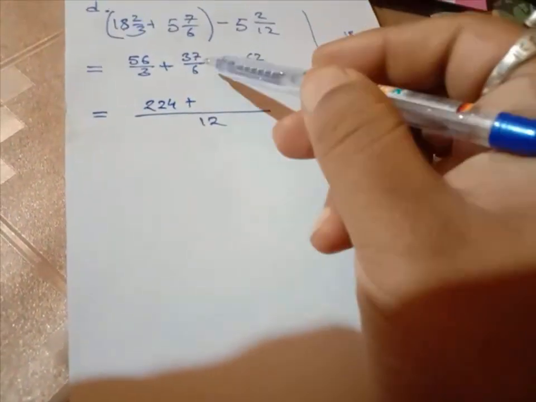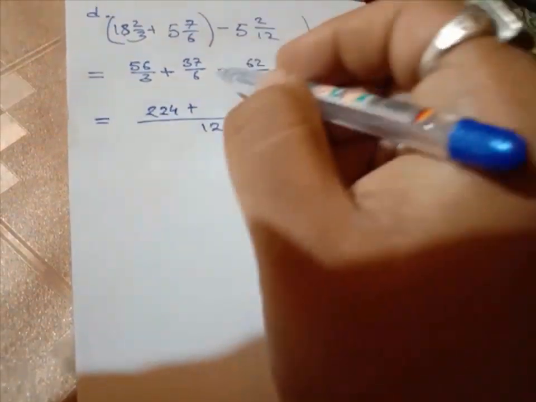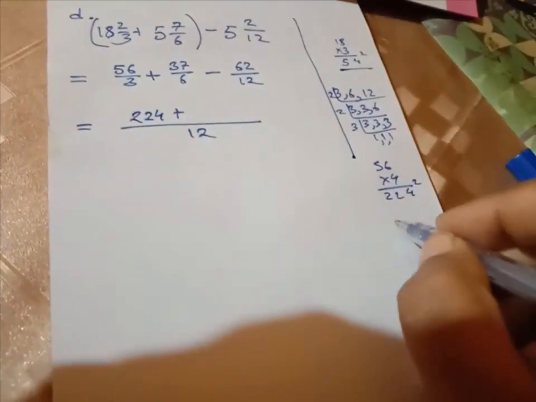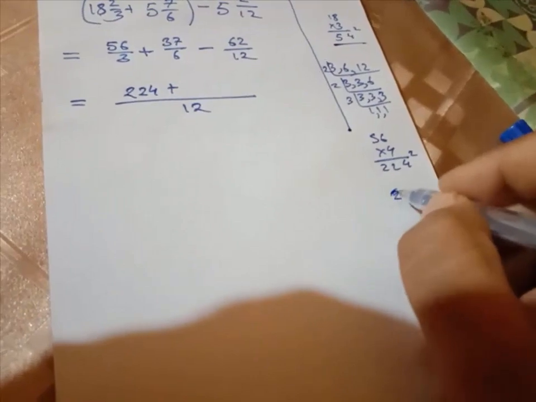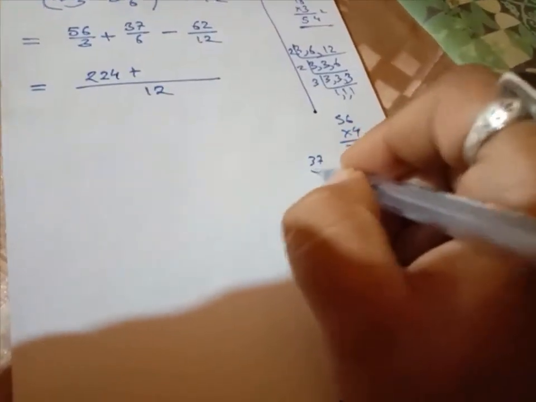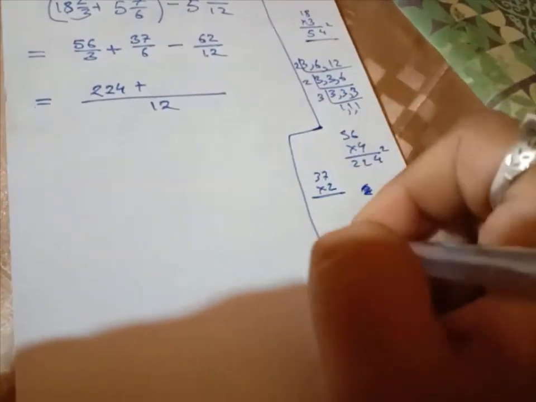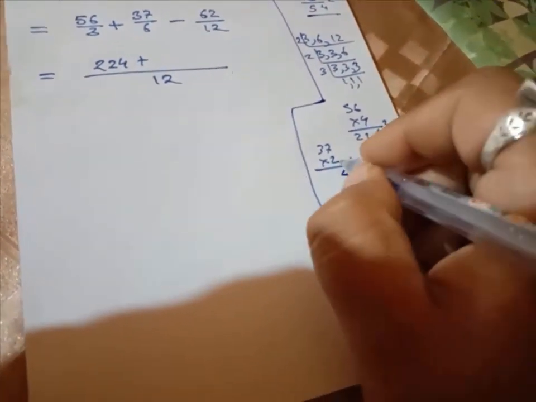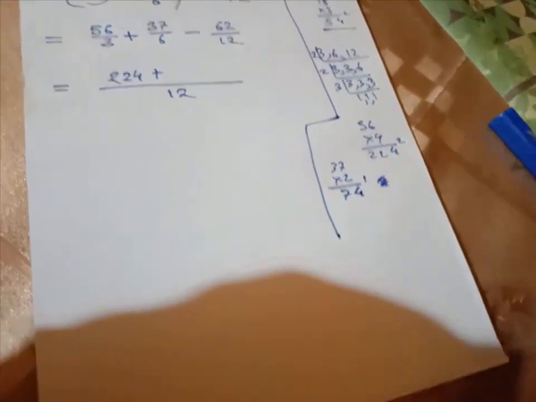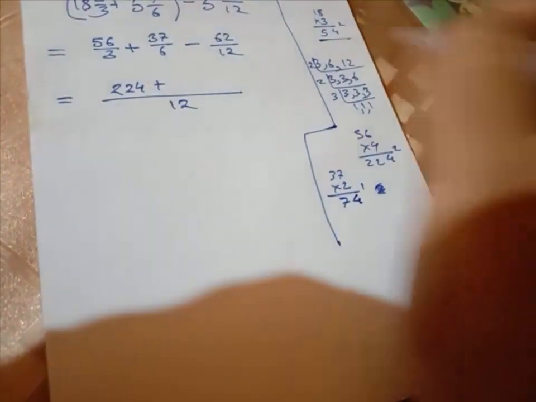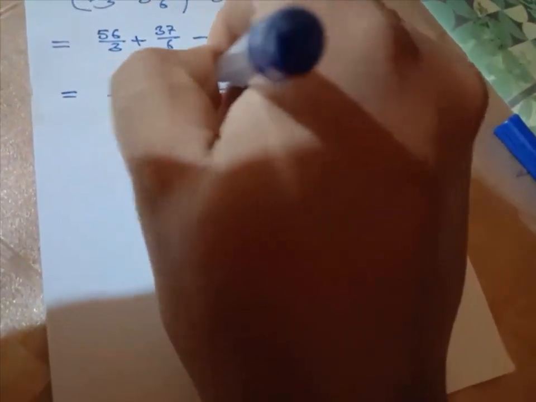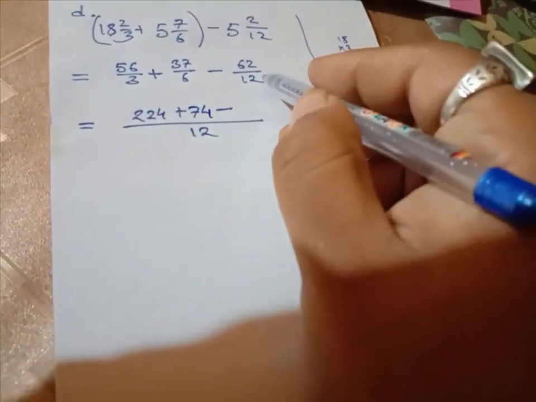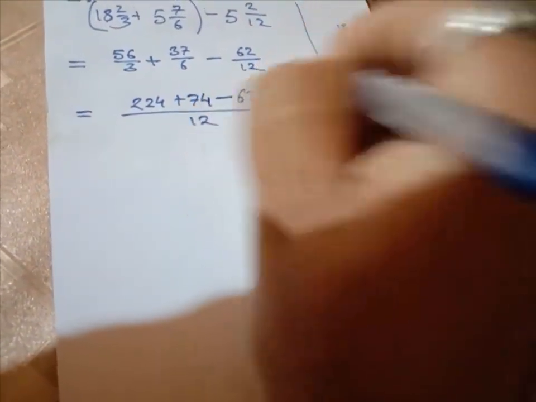Now divide 12 by 6, 2 remains, so 2 into 37 gives you 2 7s are 14, 4 1 remains, 2 3s are 6, 74. So this is 74, minus 12 divided by 12 is 1, 1 into 62 is 62.